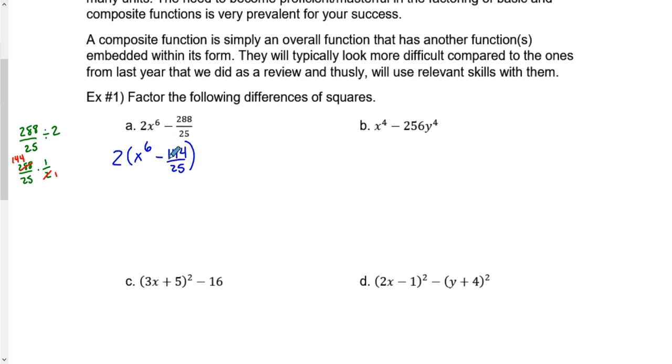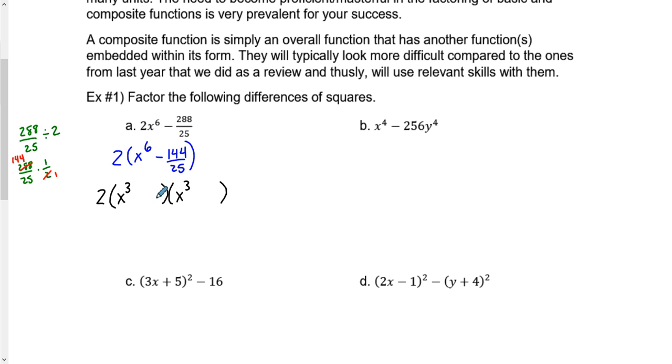Now, this is actually a difference of squares. We have a square, something that we can multiply by itself to give us x to the power 6, and we can multiply something by itself to give us 144 over 25. Just bring down our 2. Difference of squares is really nice and easy. We just make our 2 sets of brackets. The square root of x to the power 6 is x cubed.